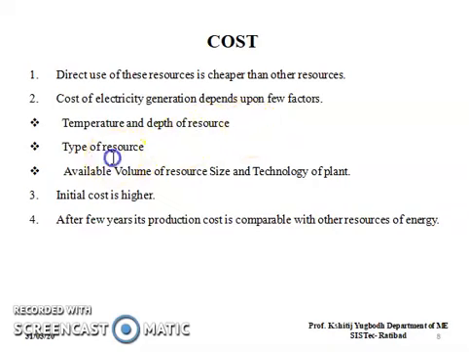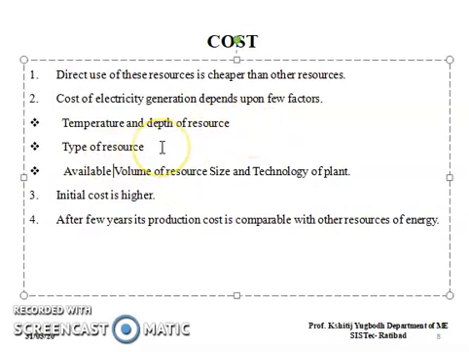The second factor is the type of resource. The third factor is available volume of resource, size and technology of plant. The initial installation cost is higher. But another benefit with this system is that after a few years, its production cost is comparable with other resources of energy.